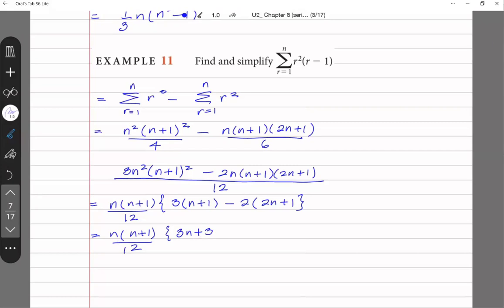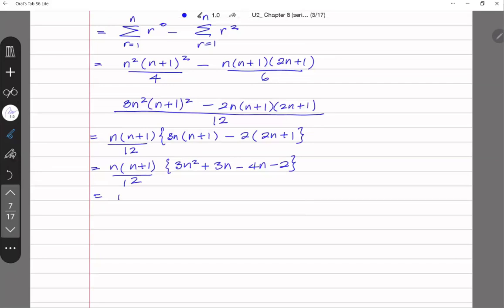Oh yeah, here, this should be 3n. So this is 3n here. We have 3n squared plus 3n minus 4n minus 2. Then we have n into n plus 1 over 12 into 3n squared minus n minus 2.